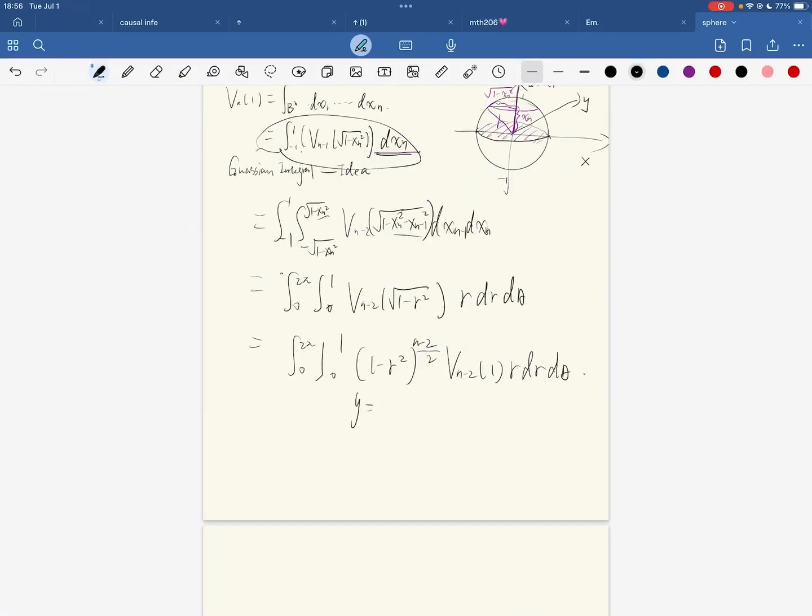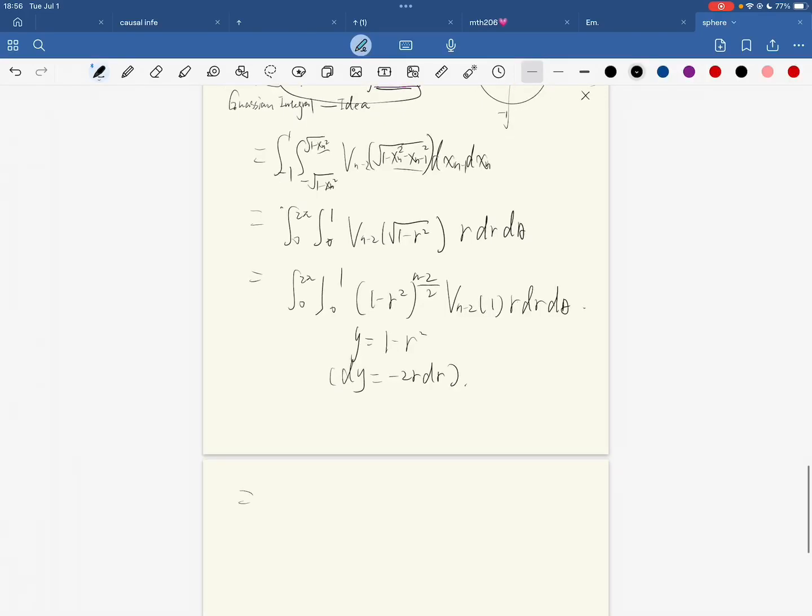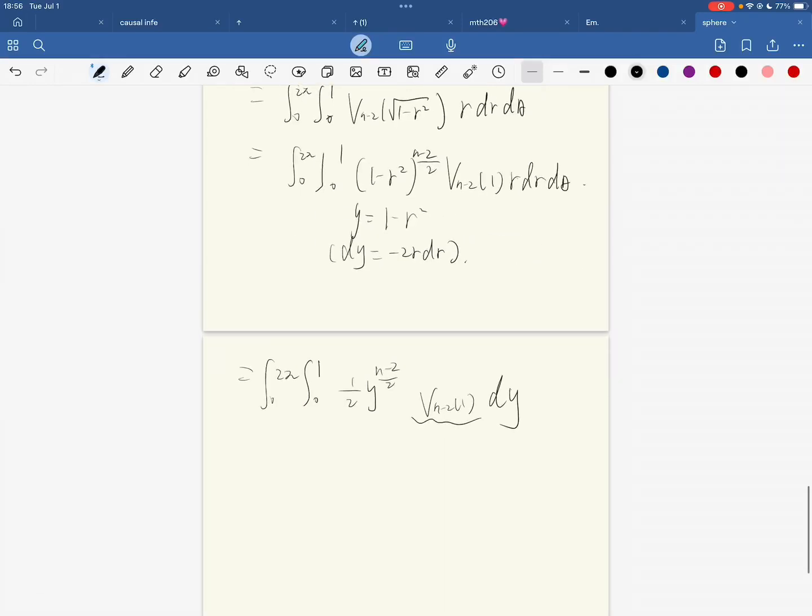Now it's a good idea to make another change of variable. Actually, this is a constant which could be moved outside, but it's not important.